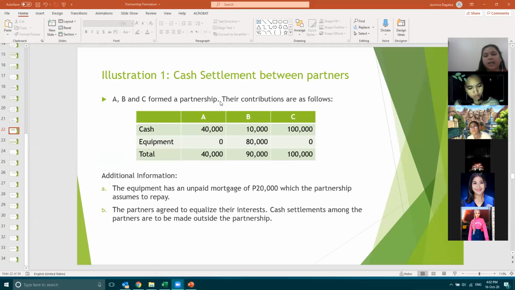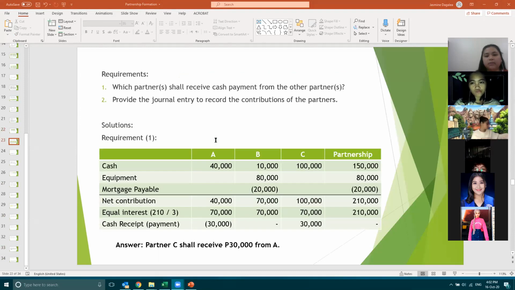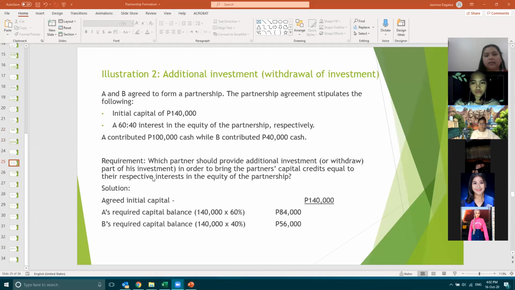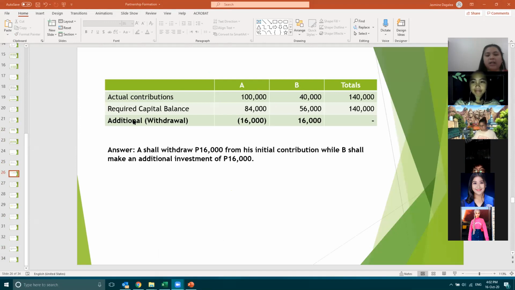Ito yung concept na i-apply nyo. Binigyan ko na kayo ng examples para ma-refer nyo dito paano i-solve yung problems. Pag additional investment among partners naman, ito yung computation, additional CA, 16,000, CB, 16,000.